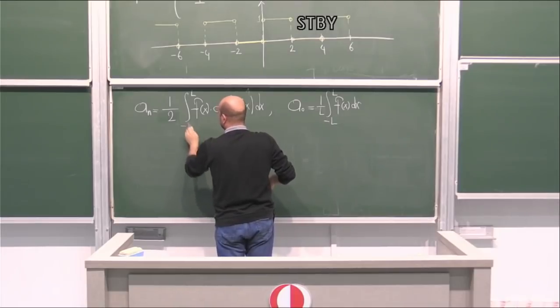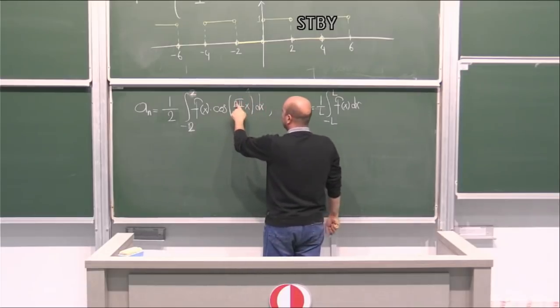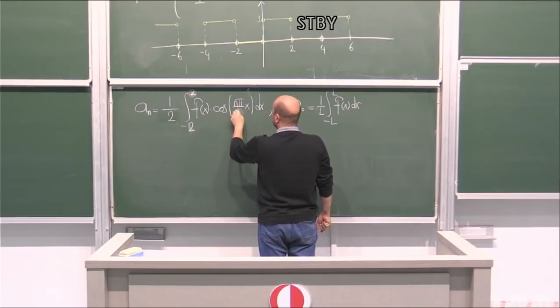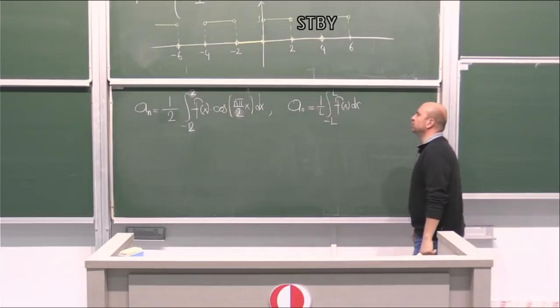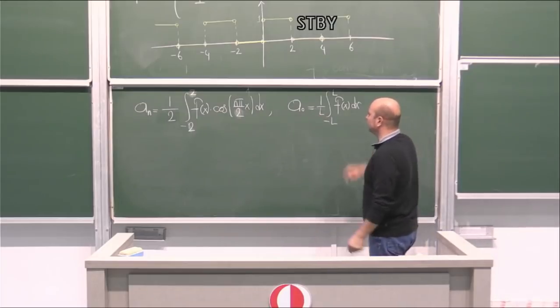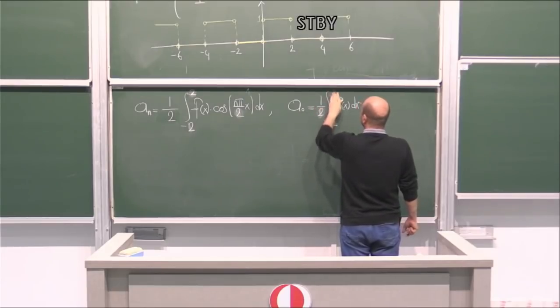So I need to integrate from -2 to 2, and n pi over L, where L is 2. This is what we need to do to compute the a_n. How about a0?